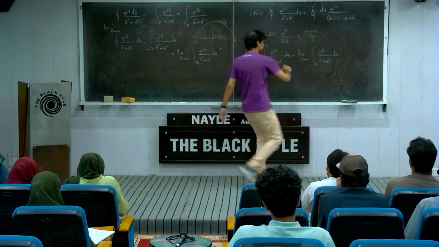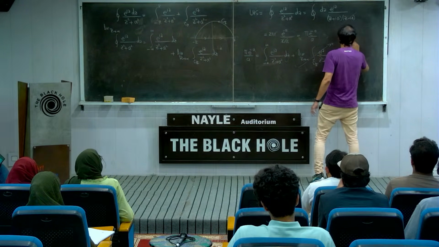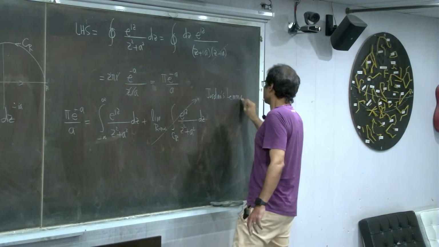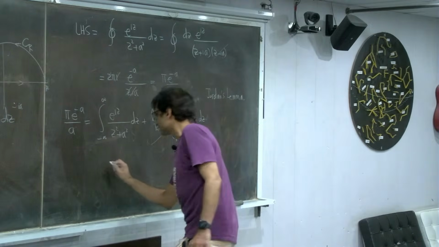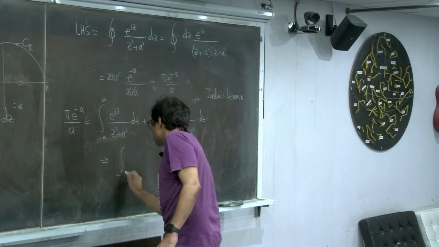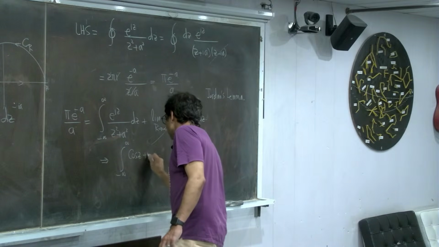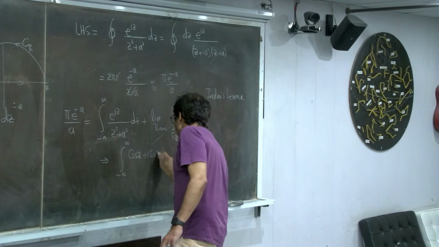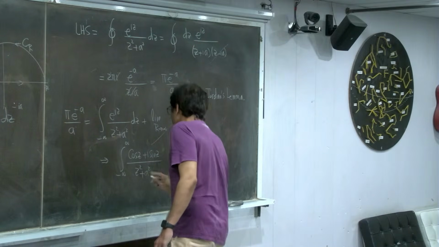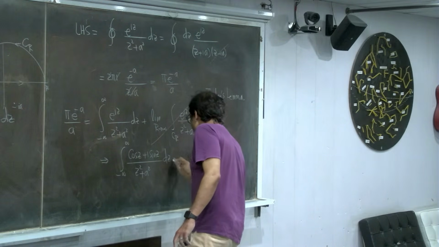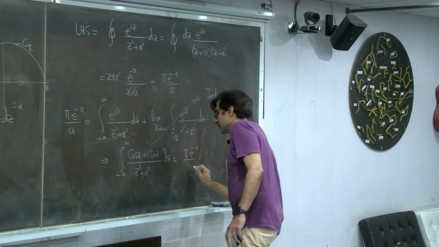This is 0. So it means you have integral minus infinite to infinite of cosine z plus iota sine z over z squared plus a squared dz is equal to pi e to the power minus a over a.